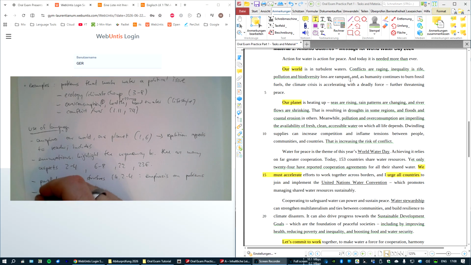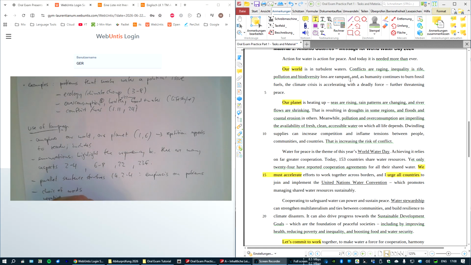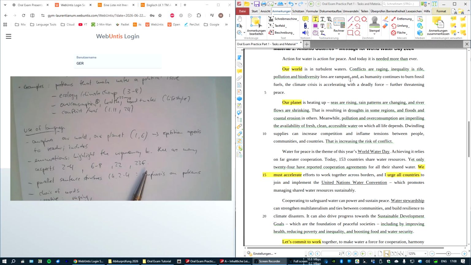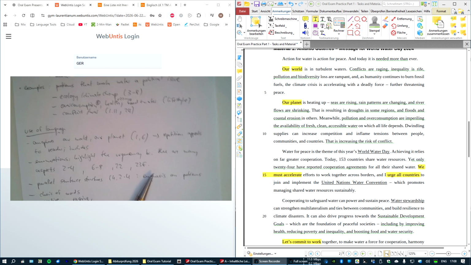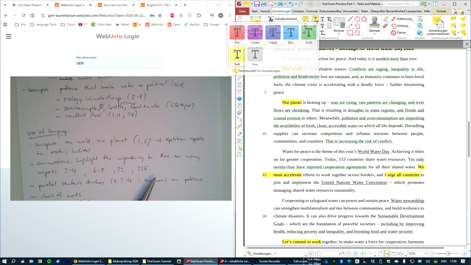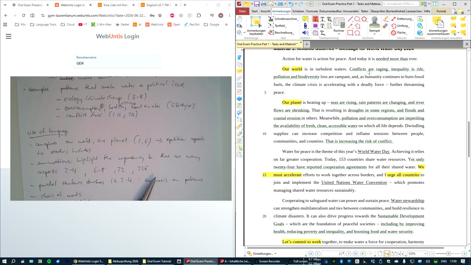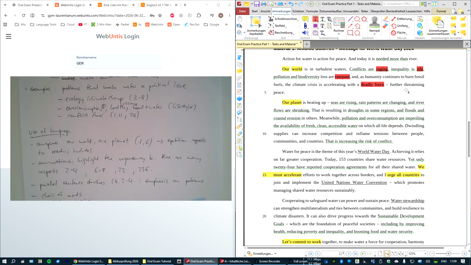And then again there's this choice of words. Negative, raging, for example. Yeah, I forgot to mark those all up actually, but here we've got raging, rife, rampant, deadly force, threat.